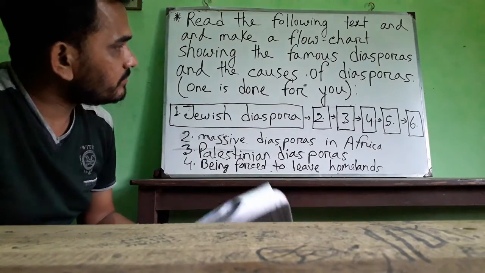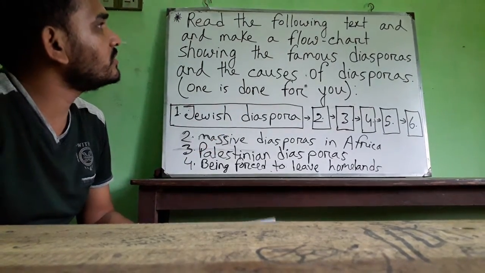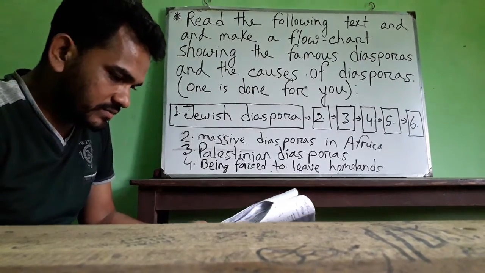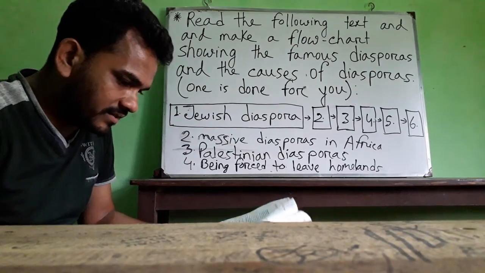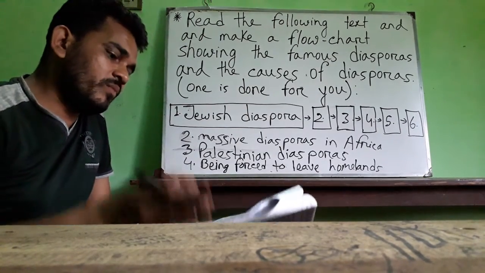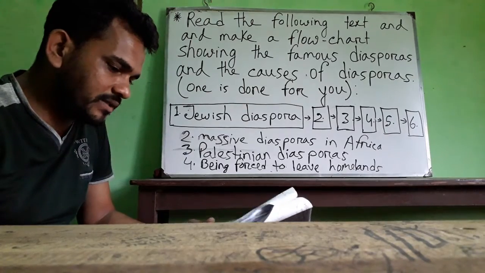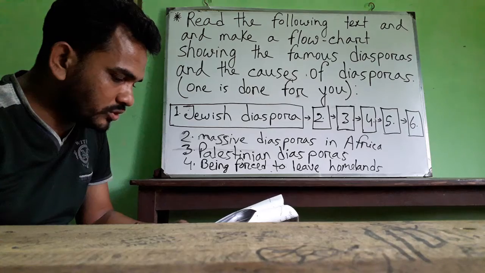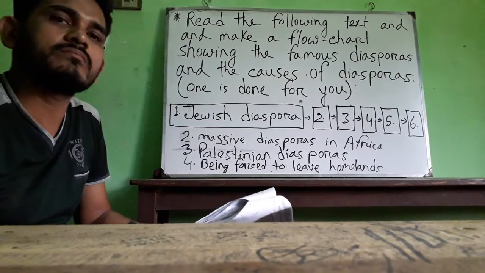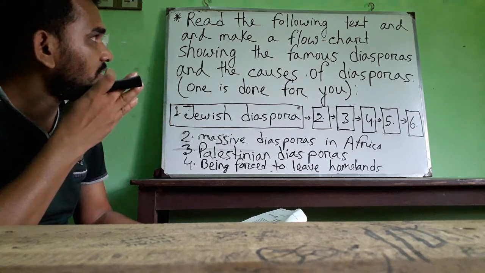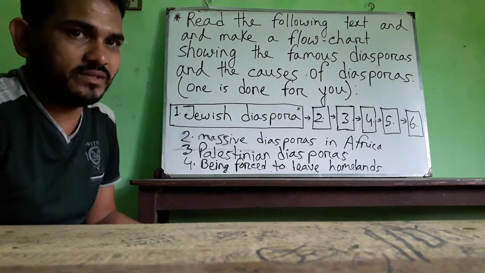For box number 5 also we will show causes of diasporas. So, what is the another cause? Here is the name of a movement: the movement of Aryans from Central Europe to the Indian subcontinent. This is a cause of diasporas in the world.